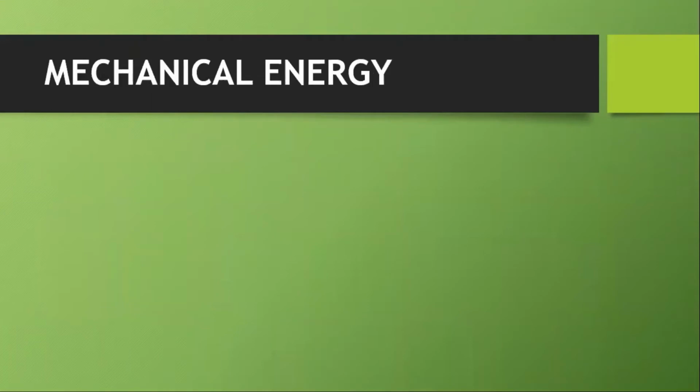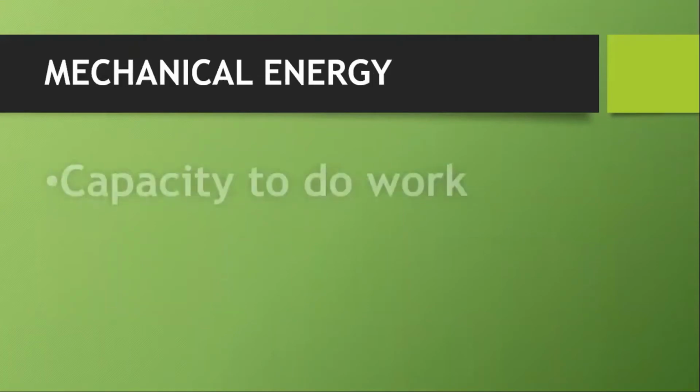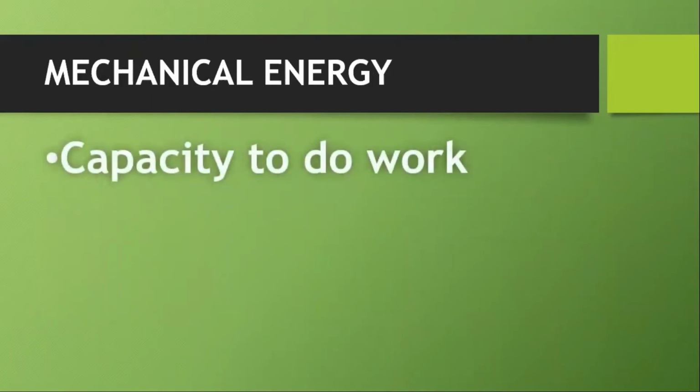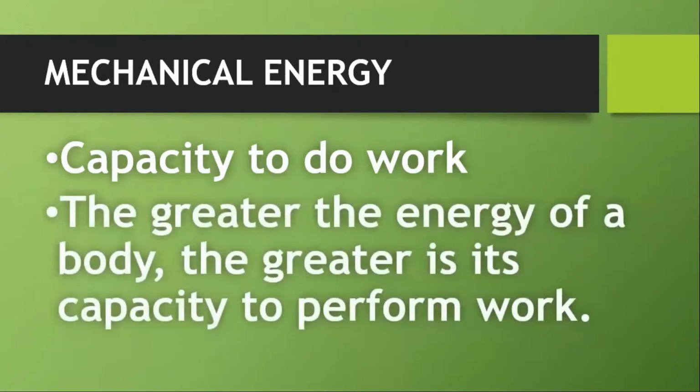We can also call this one mechanical energy. So we can define it with the same thing as energy: capacity to do work. The greater the energy of a body, the greater is its capacity to perform work.